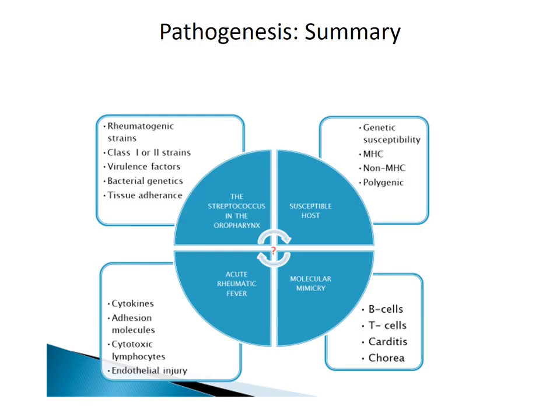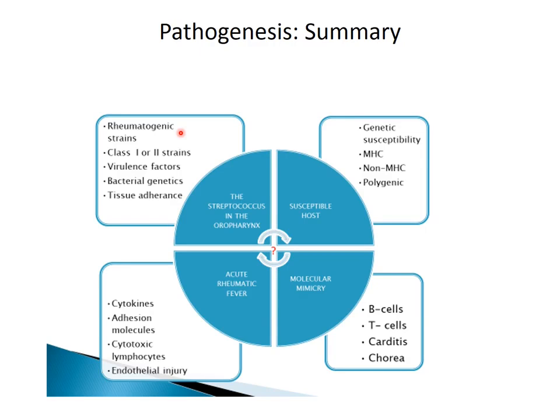Another one of the slides that I myself have developed is this: Streptococcus in the oropharynx, and of course the strep has rheumatogenic strains, so to speak. Class 1 or 2 strains are the ones involved. There are lots of virulence factors of these strains that cause that microorganism to be very virulent to the pharyngeal mucosa.